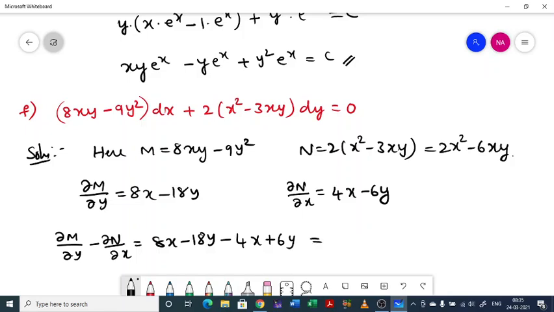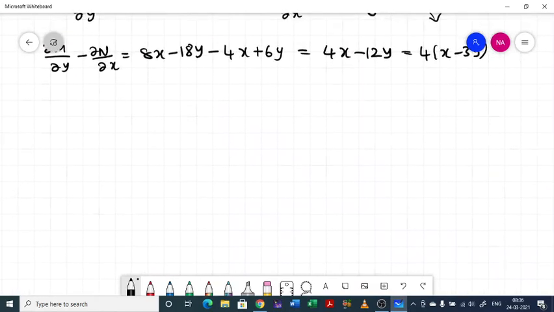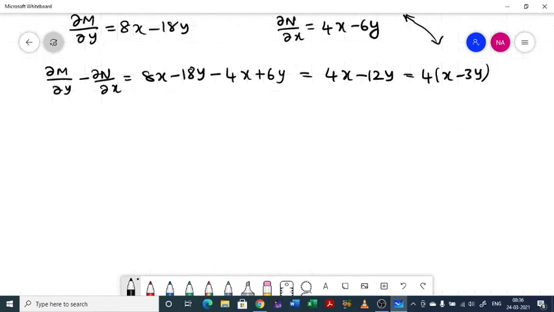So it is 8x minus 4x, so 4x minus 12y. So taking 4 outside, x minus 3y. Now x minus 3y, if you take x outside in n, 2x times x minus 3y remains. So it is close to n.